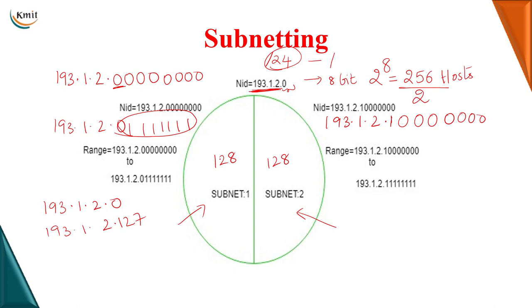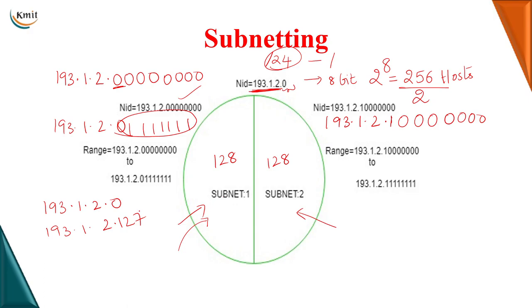So in subnet 1, I will have addresses ranging from 193.1.2.0 to 193.1.2.127. But if I want to identify this network, what will be the subnet ID? I will reserve the first address, 193.1.2.0, as the subnet ID for subnet 1, and the last address, 193.1.2.127, as the broadcast ID for subnet 1.